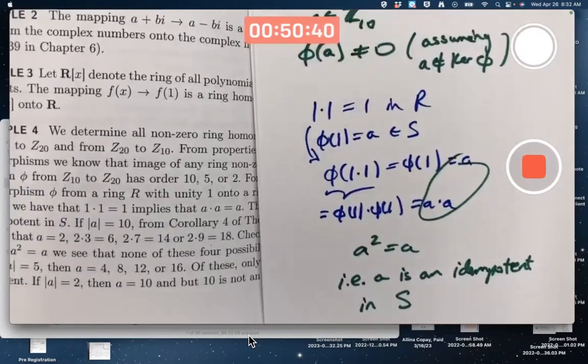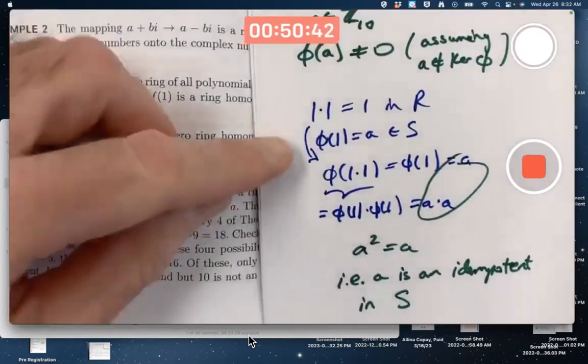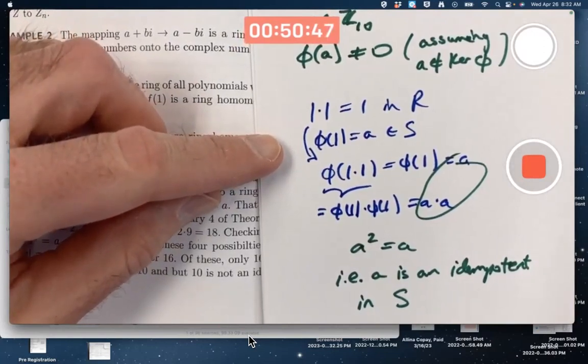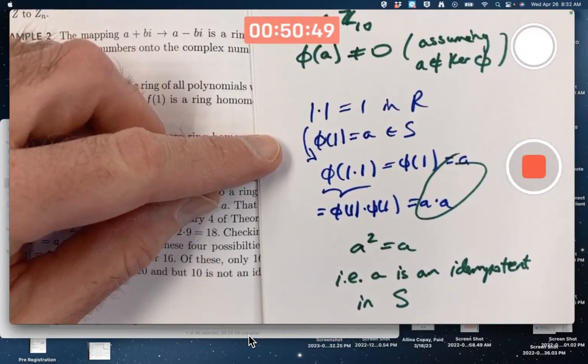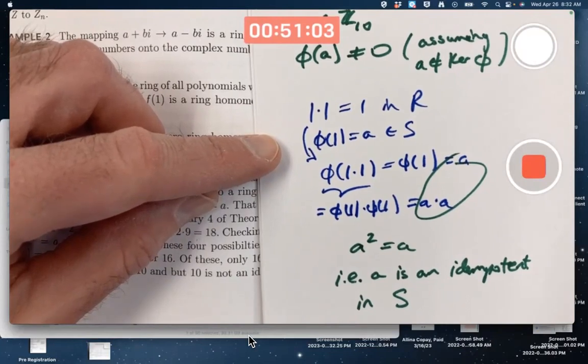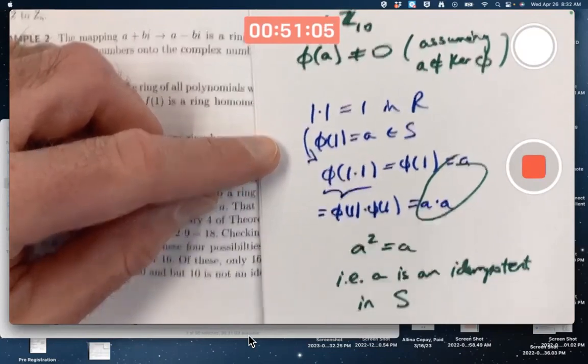And if A were 0, phi would be the trivial mapping everything to 0, it turns out. And if A is 1, that seems like maybe everything would get mapped to itself, at least if the domain and codomain were the same rings.